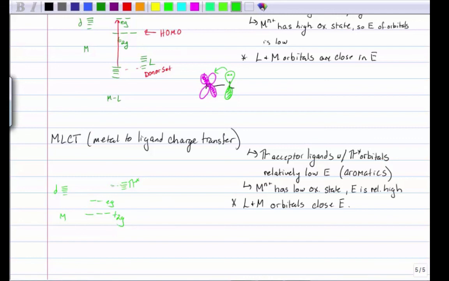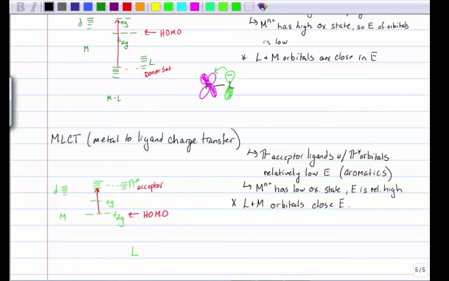And then I have this low energy acceptor. So this is my acceptor on the ligands. And I'm going to say again that my T2G is my HOMO. And so the transition here is from the d orbitals to the ligand.